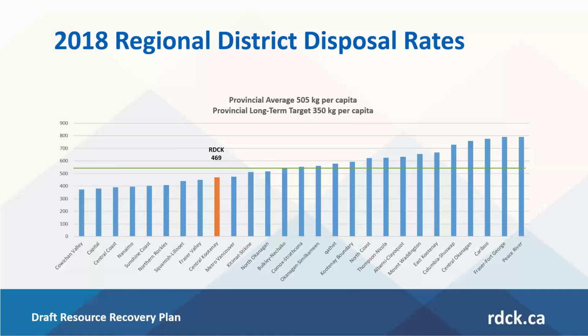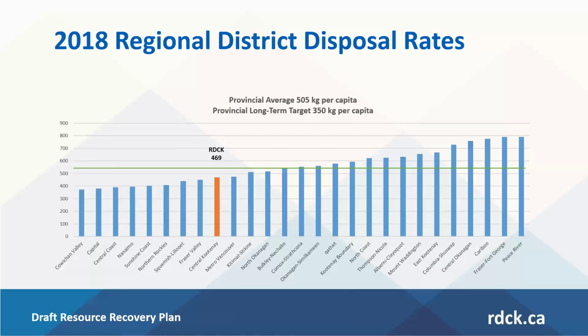To take a look at RDCK performance against other regional districts in BC, the Ministry of Environment and Climate Change requires each regional district to report their disposal rate every year. This is the most recent reporting, 2018. The provincial average disposal rate, all the regional districts taken together, was 505 kilograms per capita, and the RDCK performed under that average at 469 in 2018.